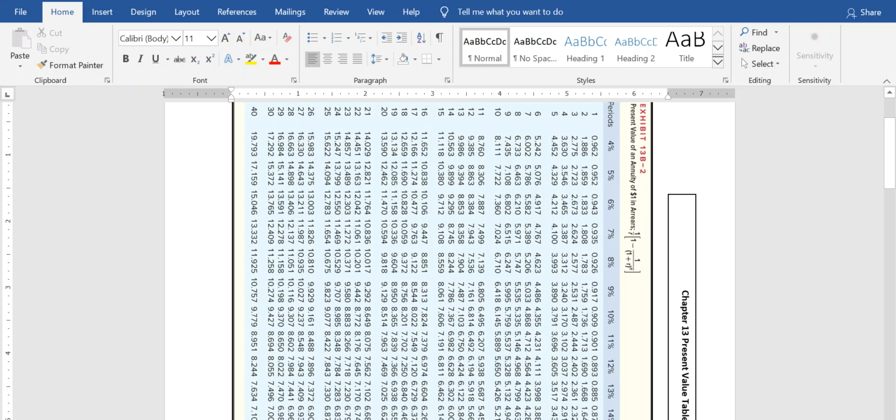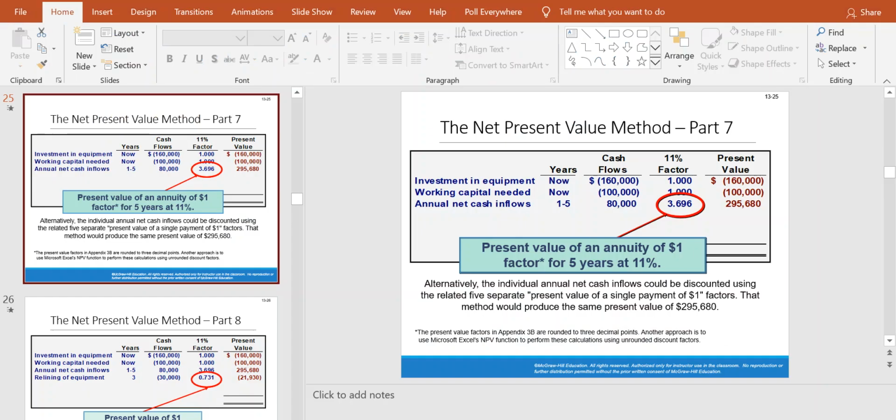In other words, the present value of receiving all this cash every year, $80,000, is $80,000 times 3.696. That's what the actual present value of those cash flows are. Okay? So this is actually the net cash inflow. But the same process will work if we're looking at any outflows as well. So let's go to the next slide.